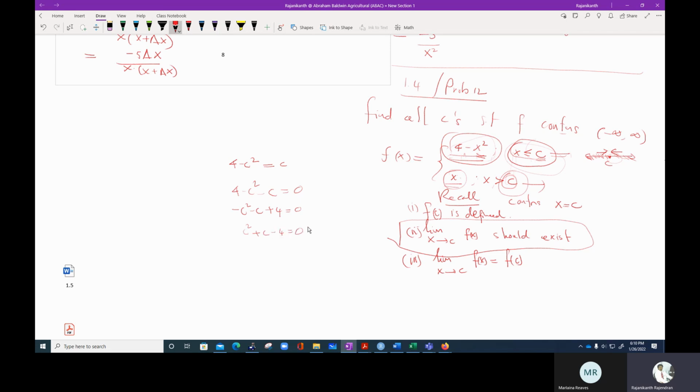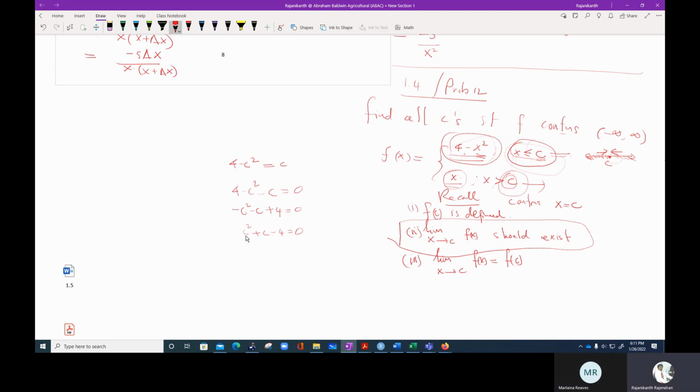Now you need to solve this quadratic equation. Do you know how to solve a quadratic equation? So you have to solve for c using b squared minus 4ac. So this is a quadratic equation, right?